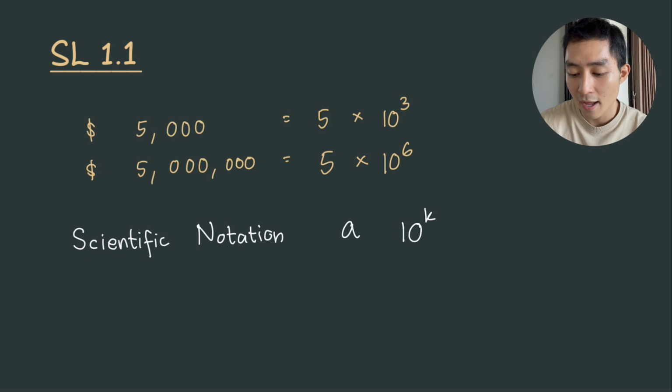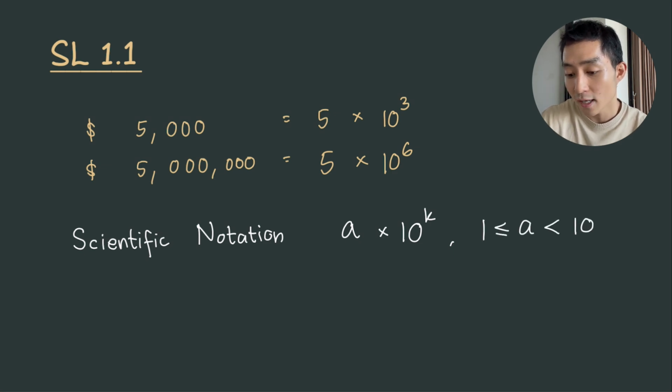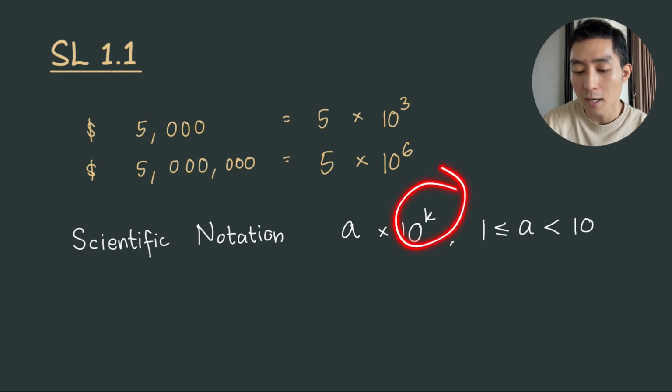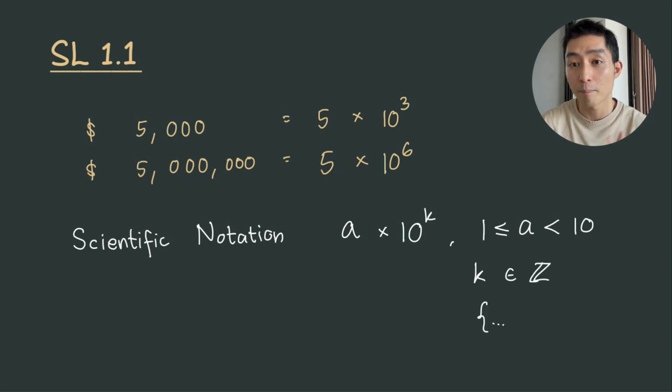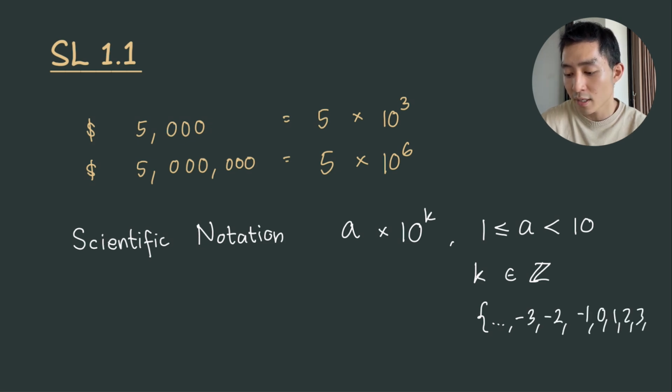So let's say I have a multiplied by 10 power k, and a must be between 1 and 10, not inclusive of 10, because again, if it's 10, we are going to increase the power of k. Another note is that k, the exponent, is an integer, meaning negative, zero, and positive whole numbers: negative 3, negative 2, negative 1, 0, 1, 2, 3, etc.